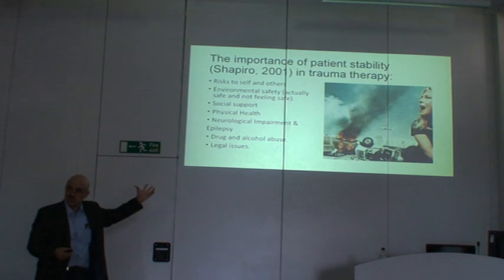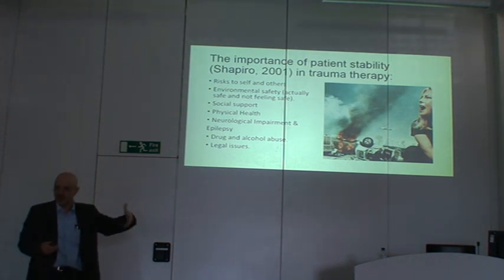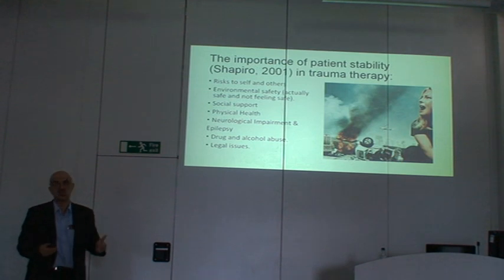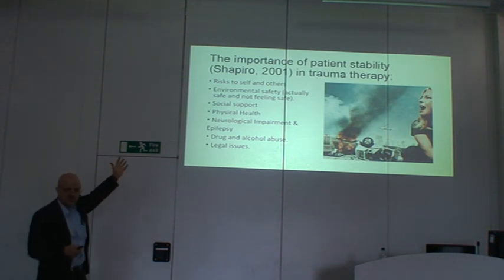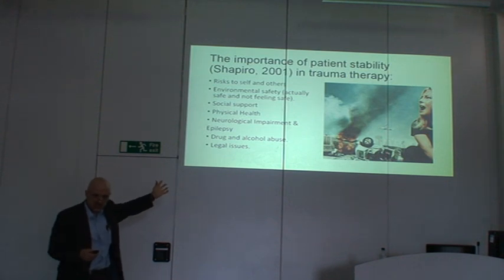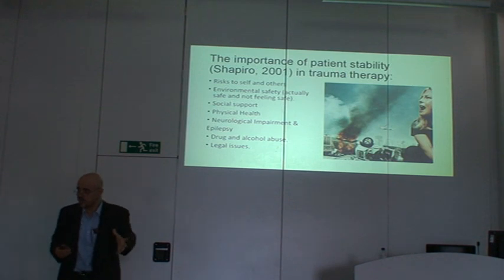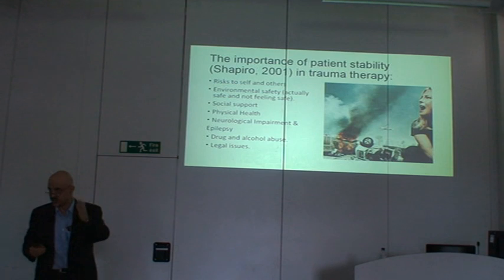Physical health is important because, again, trauma itself, particularly accidents, war and violence, might have caused physical problems. And a lot of EMDR therapists, when I do supervision, ask me: if this patient has had a heart attack, should I do EMDR on them? My answer is always, check with the GP.